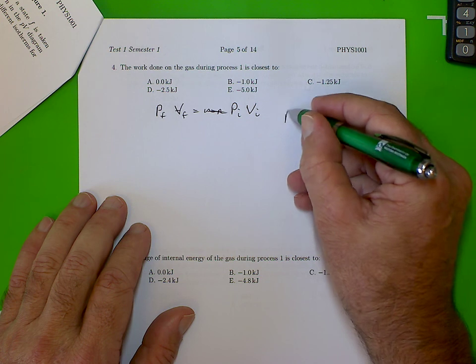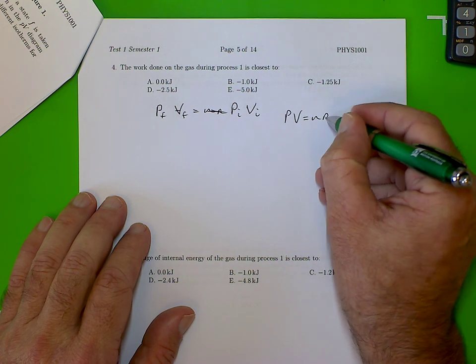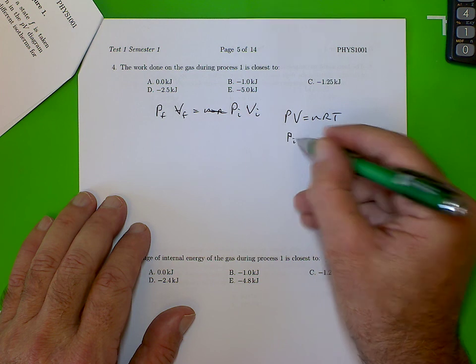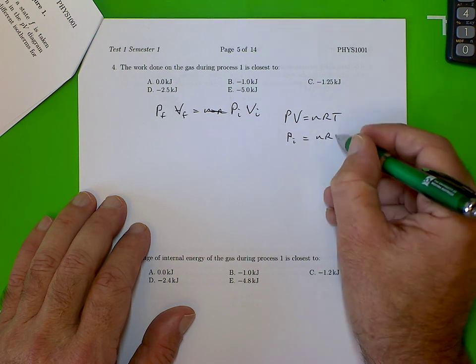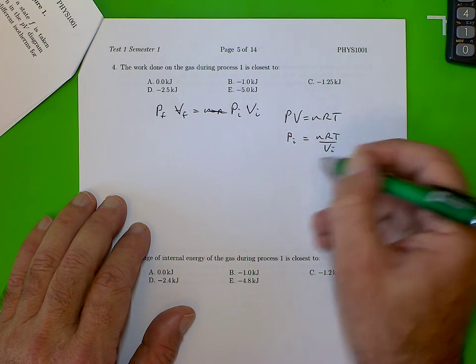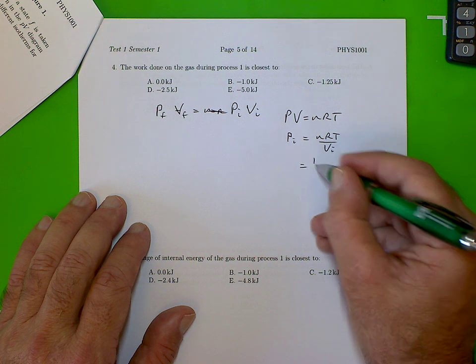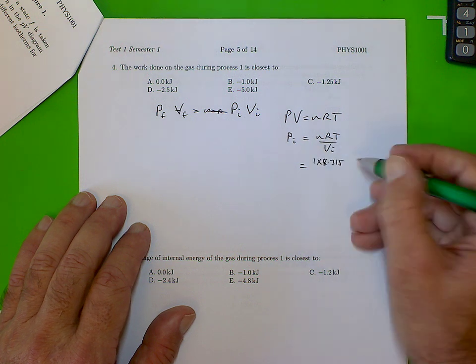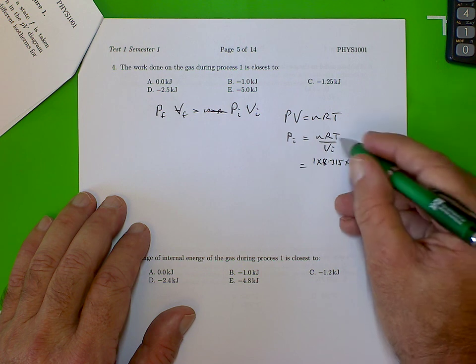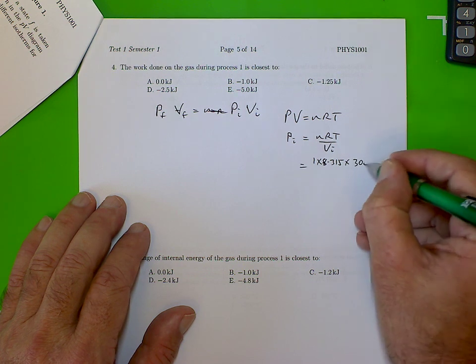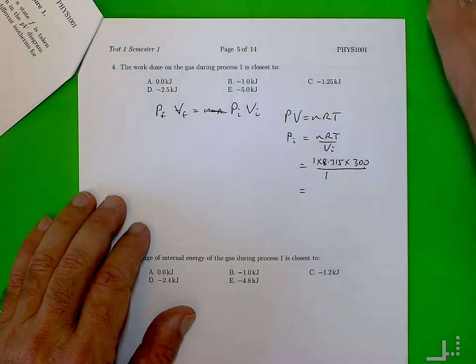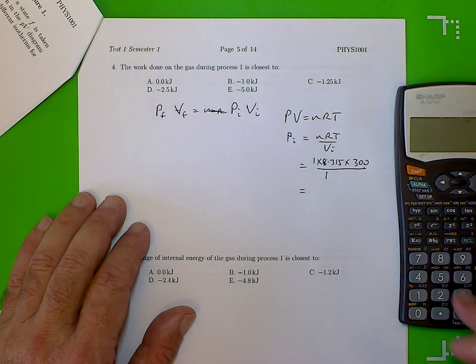And from PV = nRT, we can write that PI = nRT over VI, so that's 1 mole times 8.315, which is R, times TI, which is 300, divided by VI, which is 1. So roughly 2495 pascals.